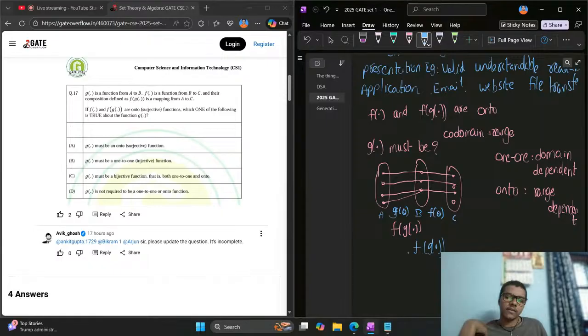So G is the first function. For this to be onto, F must be onto. That's it.